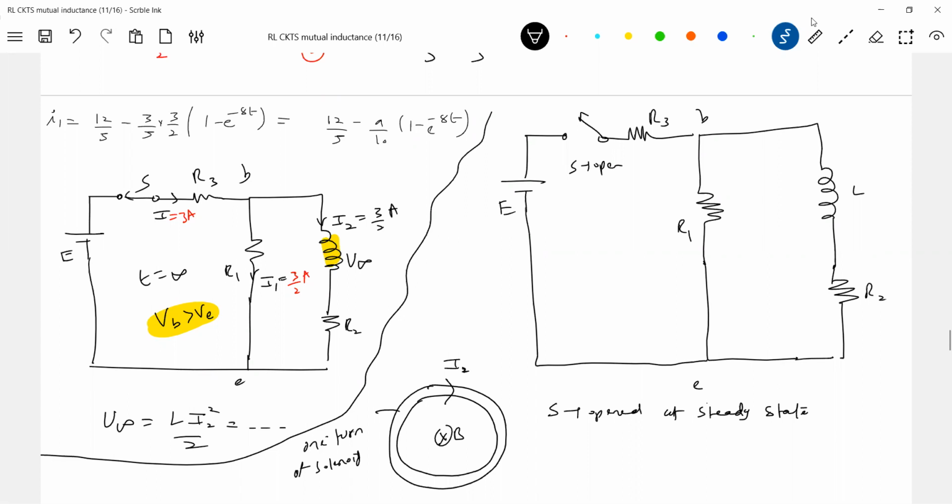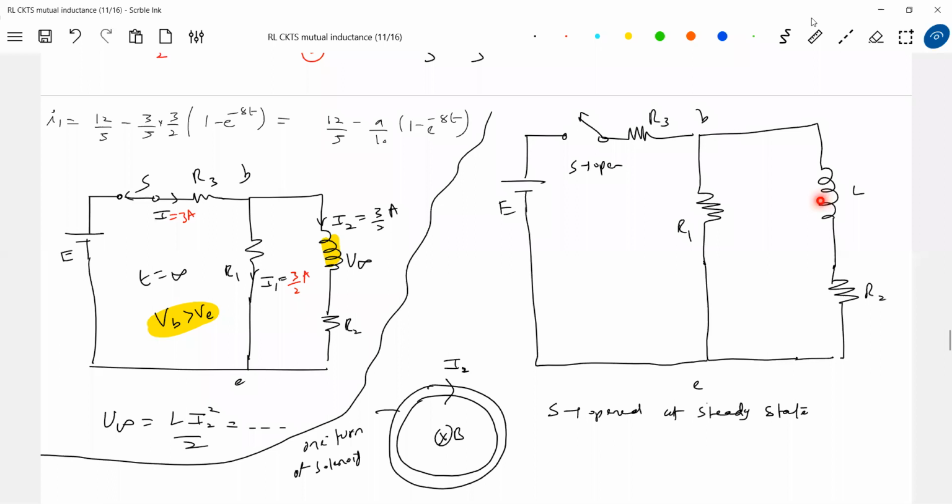Now suddenly, when I open the switch, there won't be a battery to support this current I2. When switch S is open, the battery is cut off from the circuit, so there won't be a cell to support this current I2. Then what happens to the flux across the coil? It starts collapsing.